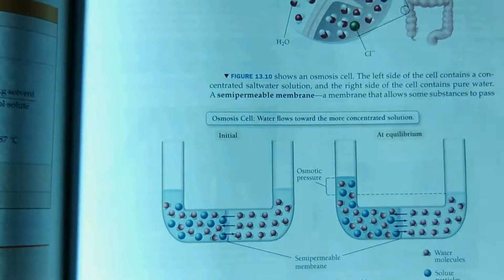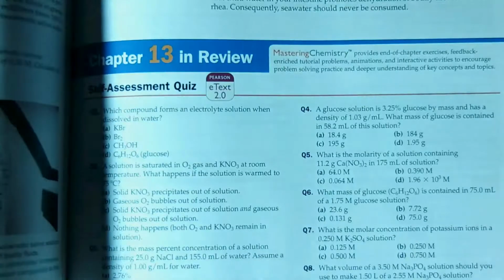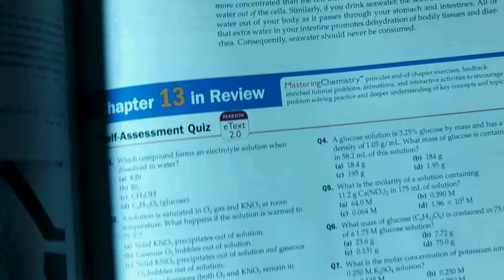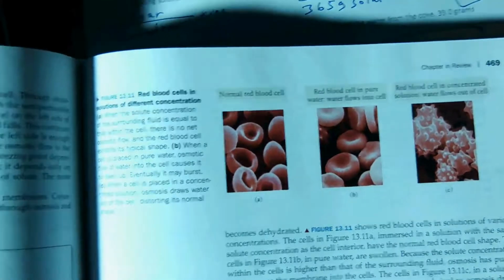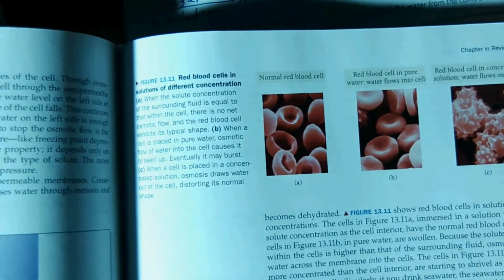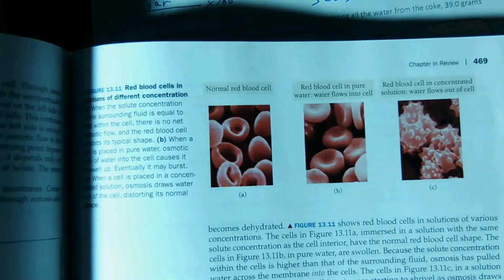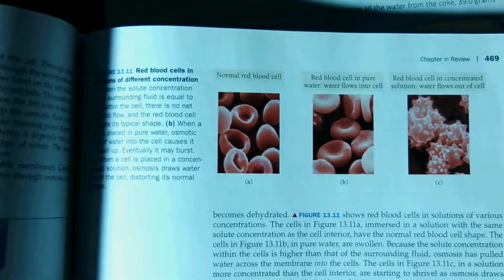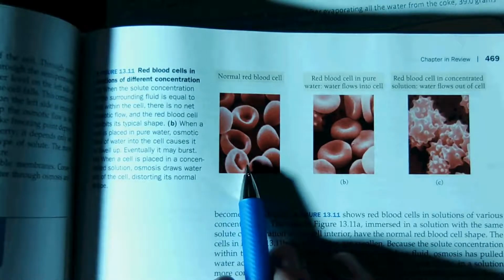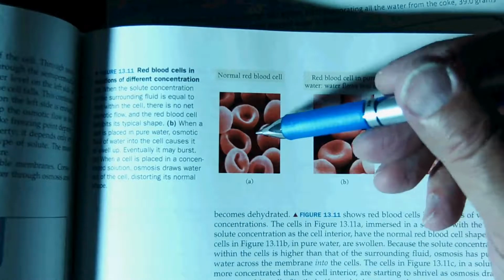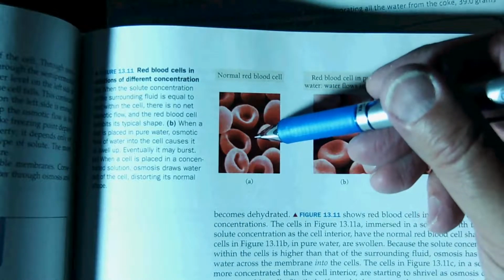Now, medically, the important thing about osmosis and osmotic pressure is cells respond to osmotic pressure. Your cells, your blood cells, this is a picture of normal, everyday blood cells floating around in a solution of plasma. The plasma is these dark areas right here.